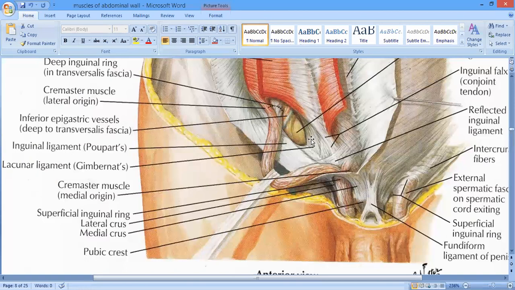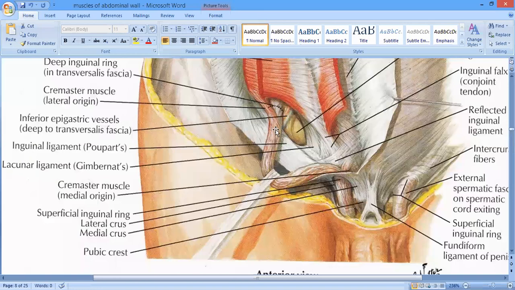Now, how is the roof of the inguinal canal formed जी? The roof of the inguinal canal is formed by the arching fibers of the internal oblique and the transversus abdominis muscle. ठीक है, ये transversus abdominis और internal oblique के जो arching fibers हैं aponeurosis के, these form the superior wall, the roof of the inguinal canal. And how is its floor formed?